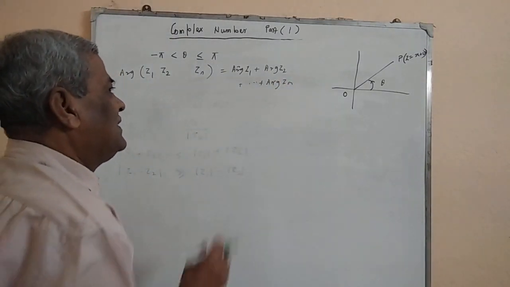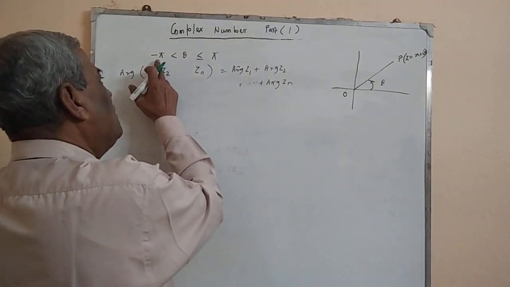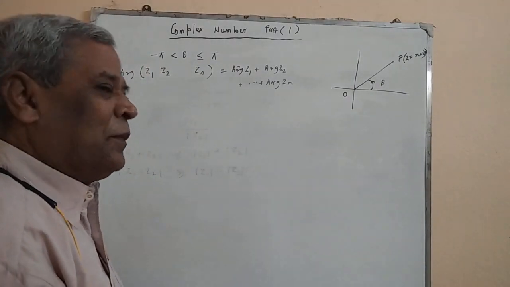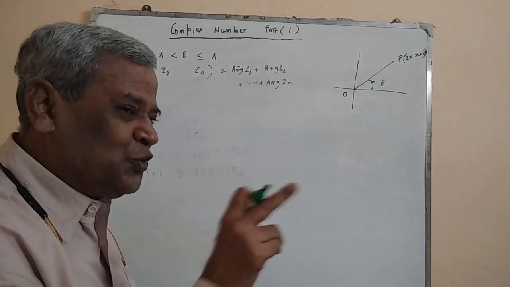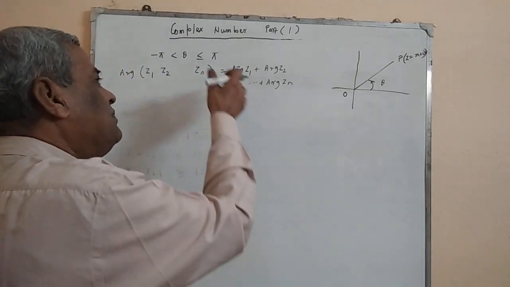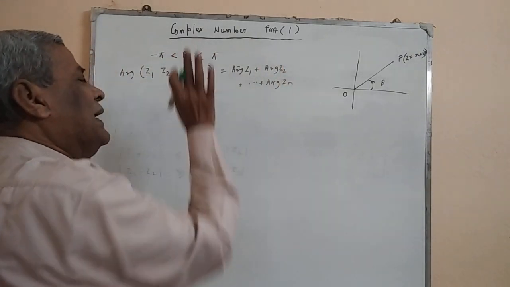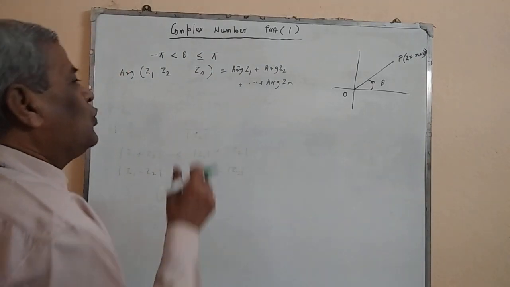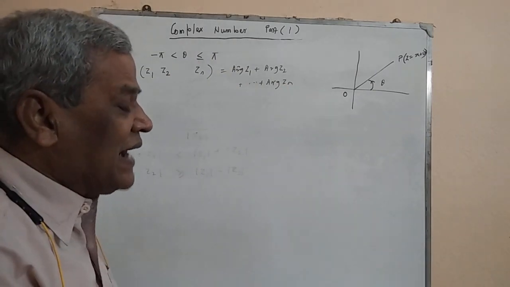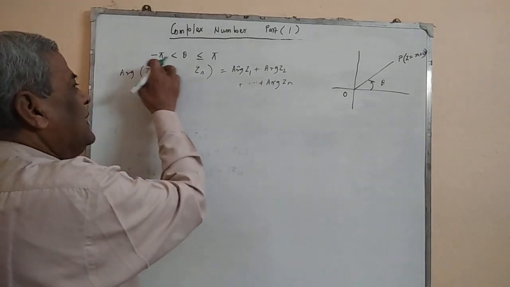But mind that the sum of these arguments must lie between minus pi and plus pi. If it exceeds pi, then subtract 2 pi from it and repeat the process if the resultant argument is not within that range. If the argument is less than minus pi, then add 2 pi to it to get the argument within that range.